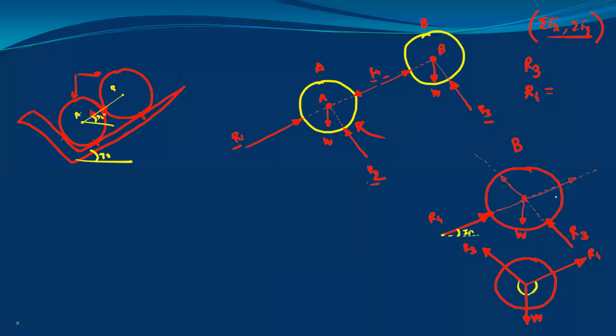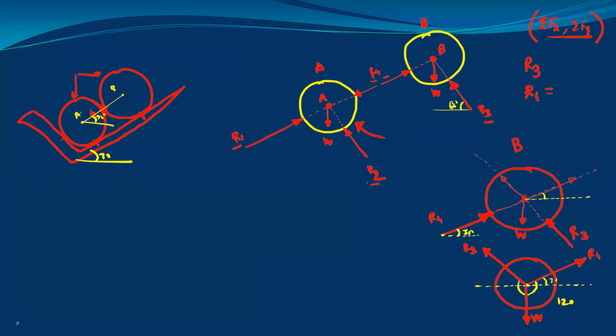Okay. If this is 30 and I draw one horizontal line, this angle will be the same. It is 30. So I will draw one horizontal line here. So this angle is 30. So this total angle will be 90 plus 30, so this is 120. Now for R3, this angle of R3 is 60 degrees.